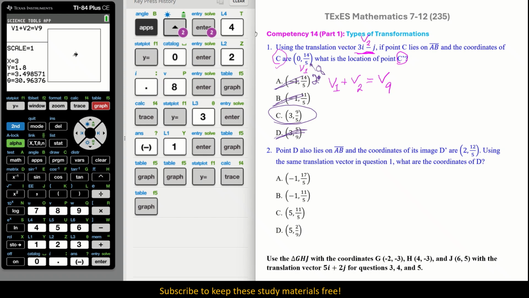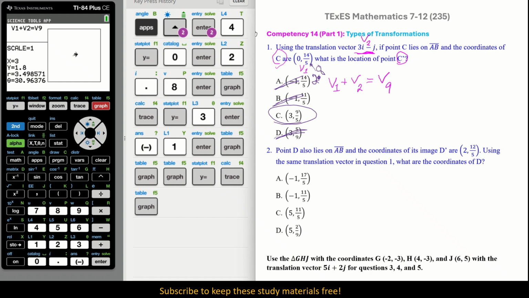Point D also lies on AB, and the coordinates of its image, that's our answer, where we're going to. So basically, what do we got here? It equals this. So this would be our V9 from before. Let's just imagine it is, for operation's sake.